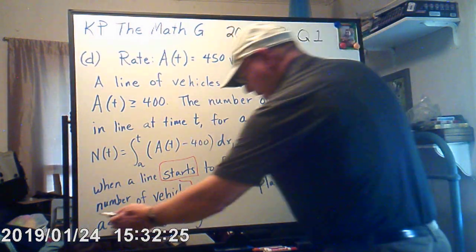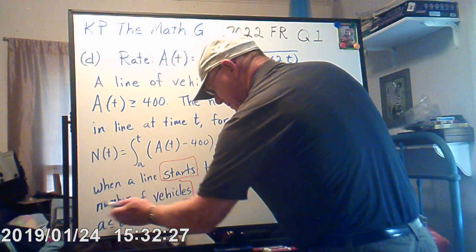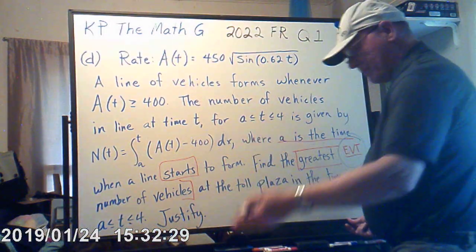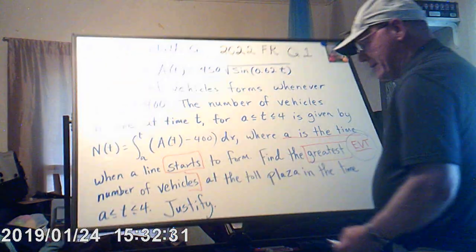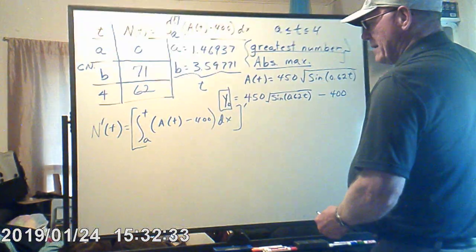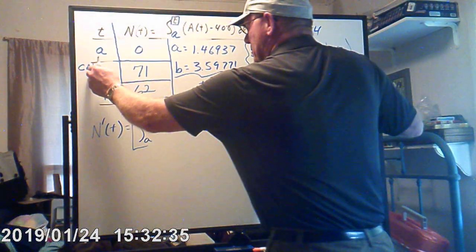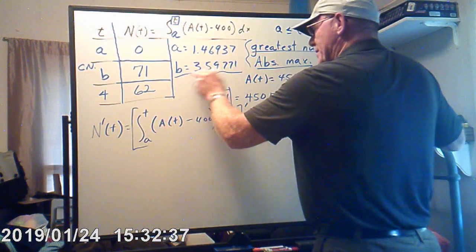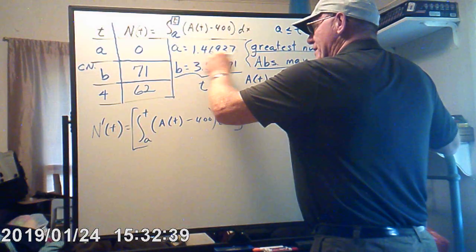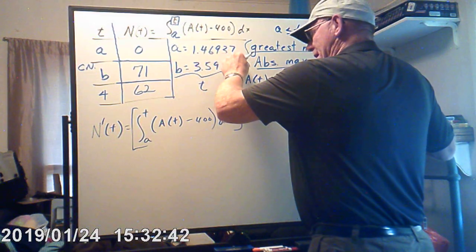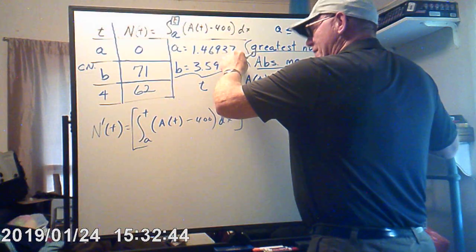I know I'm checking the two endpoints and any critical numbers. Sometimes it's more than one. In this case, it's only one. This was my critical number right here. This is actually the endpoint. So you have to try the endpoint first.